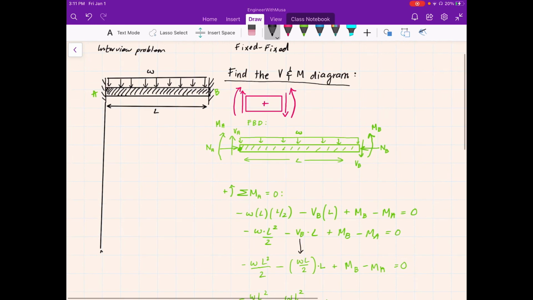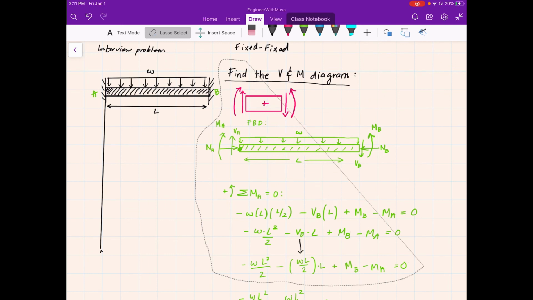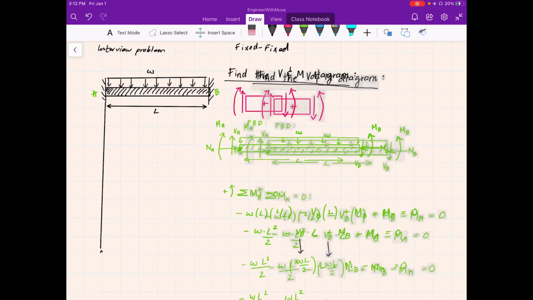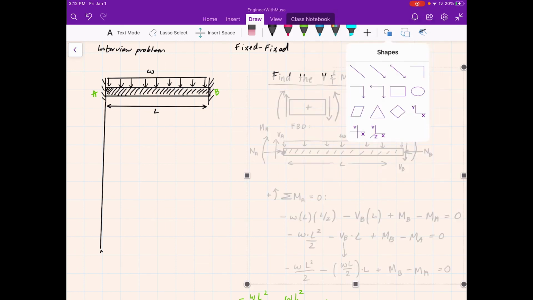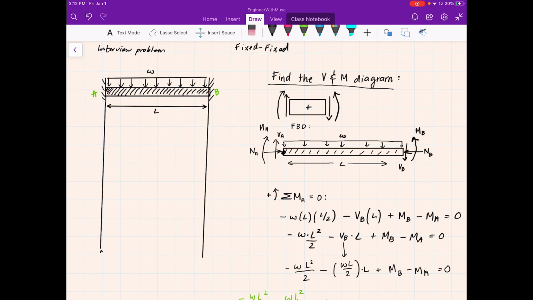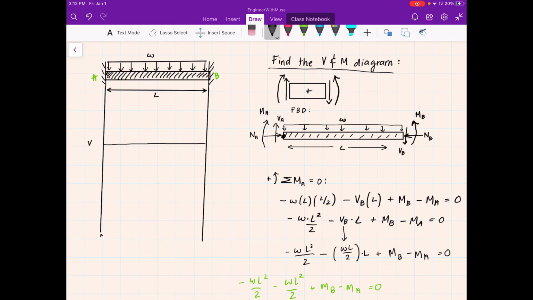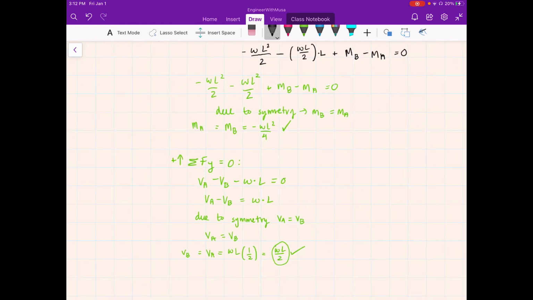Let me actually move all of this out of the way. And then resize this. Okay, so for our V diagram, we have VA, like I said down here, it's going to equal omega L over 2.